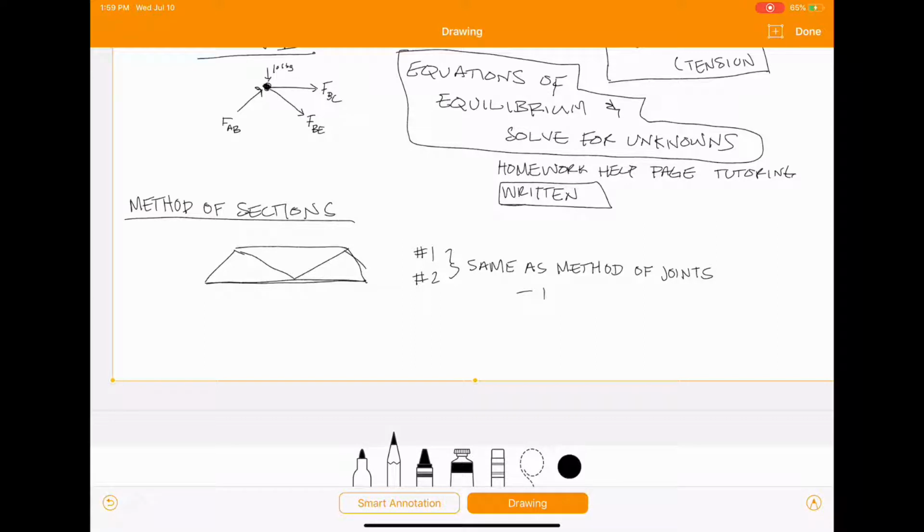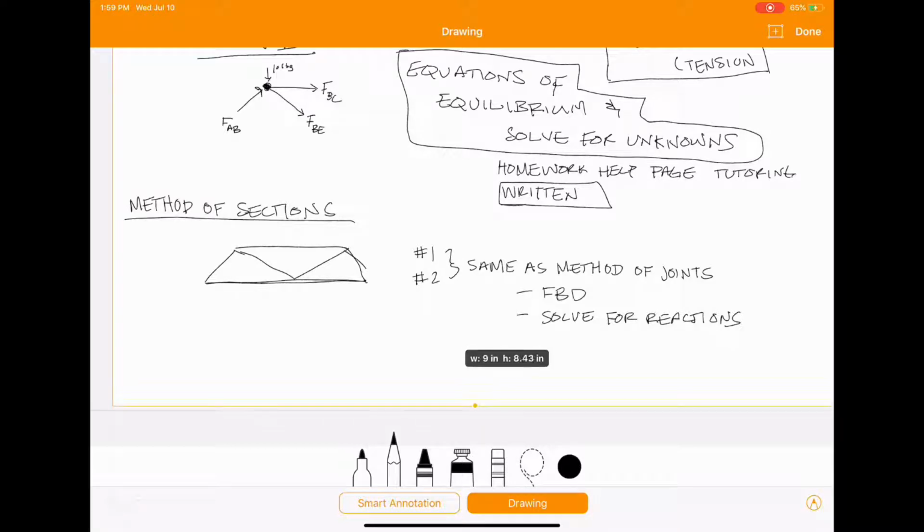You're going to draw a free body diagram, and you're going to solve for your reactions. And then once you do that, the procedure changes a little bit.